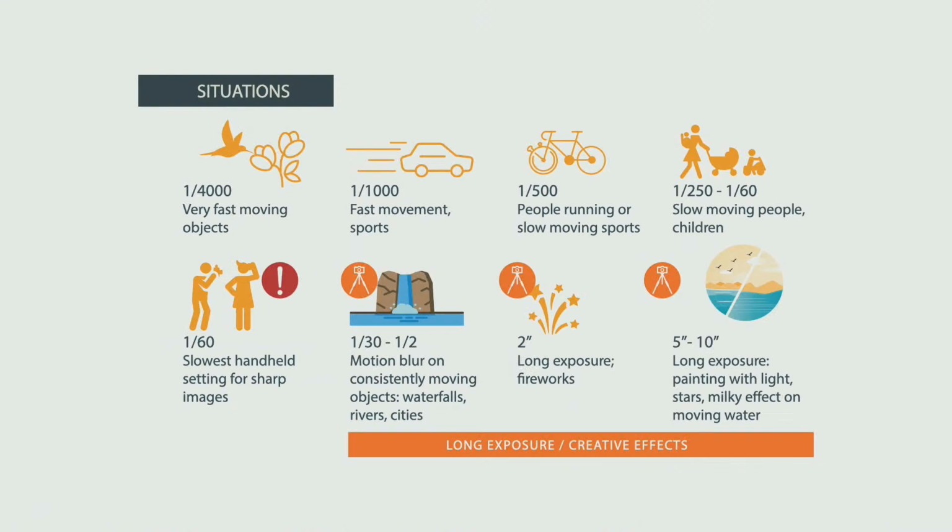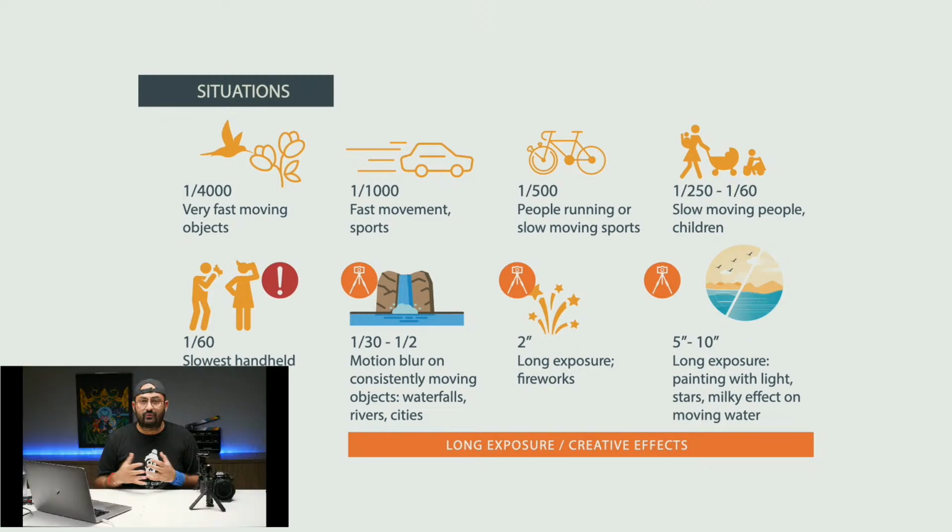What are the different situations that these shutter speeds can work in? If you're capturing action, things happening around you like birds, people, sports, then 1/4000 of a second to 1/1000 of a second works brilliantly. For regular action, like regular cars on the road, regular people walking on the road, 1/500th of a second works very nicely.